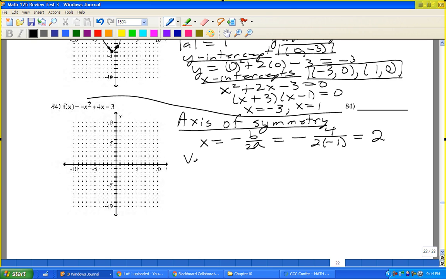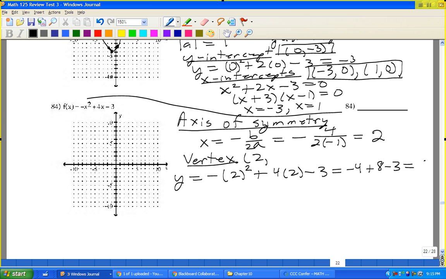Let's find the vertex. So the vertex is at 2. Let's figure out what the y-coordinate is. So it's negative 2 squared plus 4 times 2 minus 3. So this is equal to negative 4 plus 8 minus 3, which is 1.